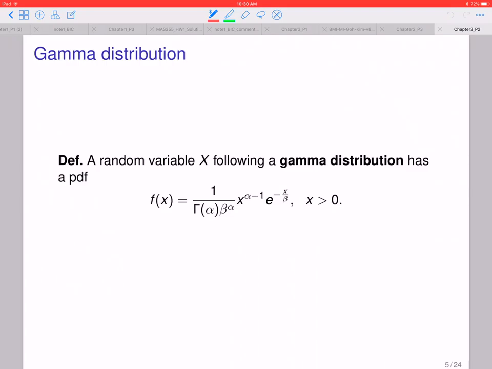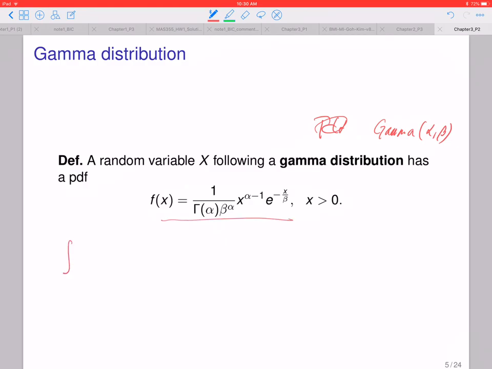The gamma distribution has two parameters, alpha and beta, and this form.